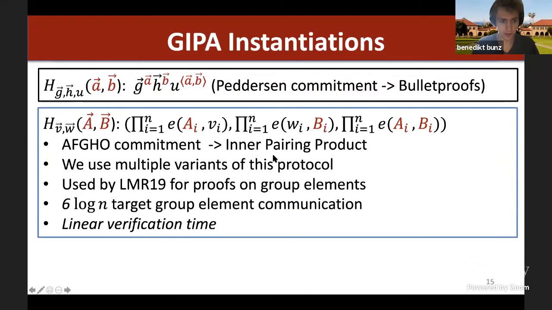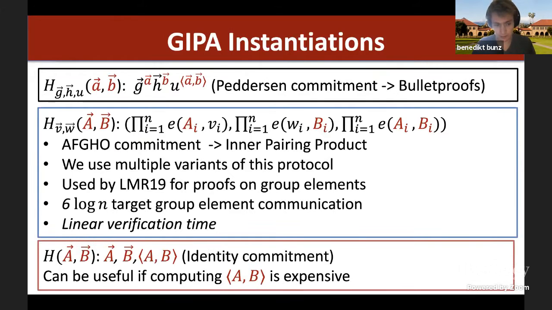It gives us the inner pairing product, and this variant has also been used previously by LMR 19 to produce proofs on group elements. The most direct instantiation has a communication of 6 log n target group elements. It still has linear verification time, and we'll get to getting around that last fact in a second.